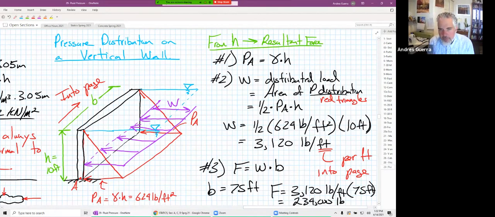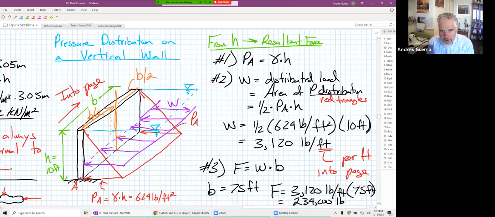Well, just like we have this uniform distributed load here, wouldn't F act exactly halfway from left to right? So maybe there's our center line of the wall there. We can say this is B over 2 and B over 2.